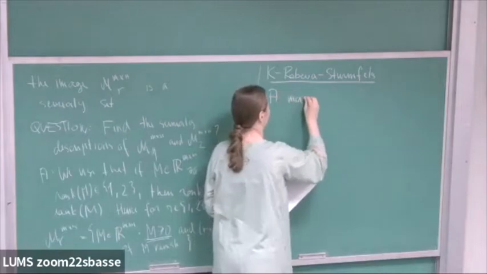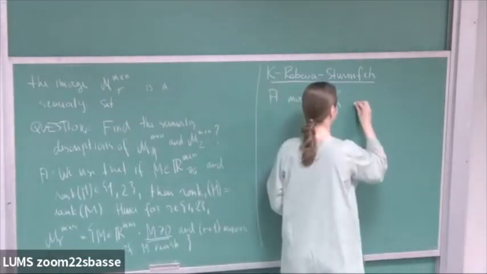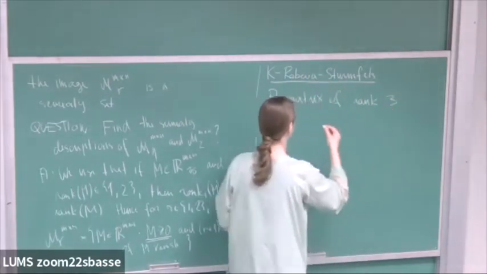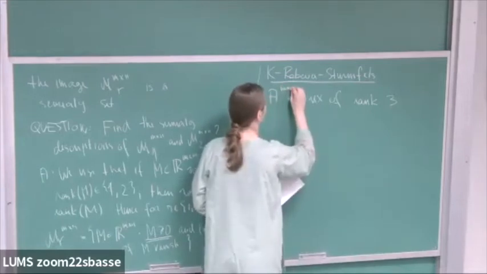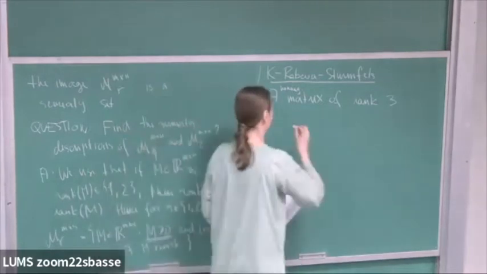So a matrix of rank 3, let me write, a non-negative matrix of rank 3 gives 2 polygons.